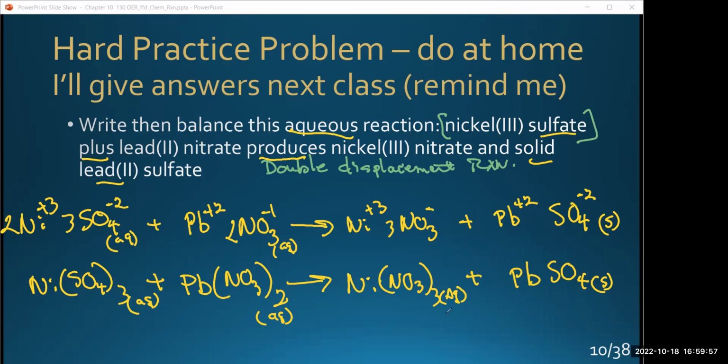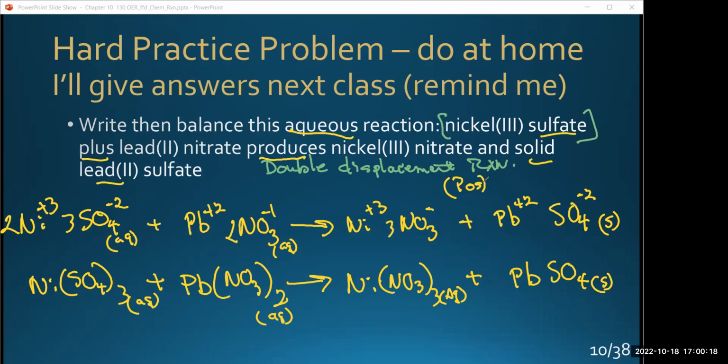So I got an AQ there. The lead now interchanges with the sulfate to produce lead 2 sulfate, which based on the solubility rules is insoluble. So what we have here is a positive double displacement reaction.